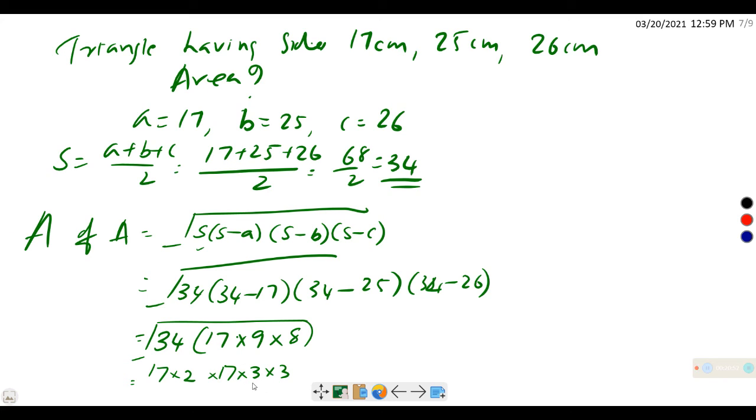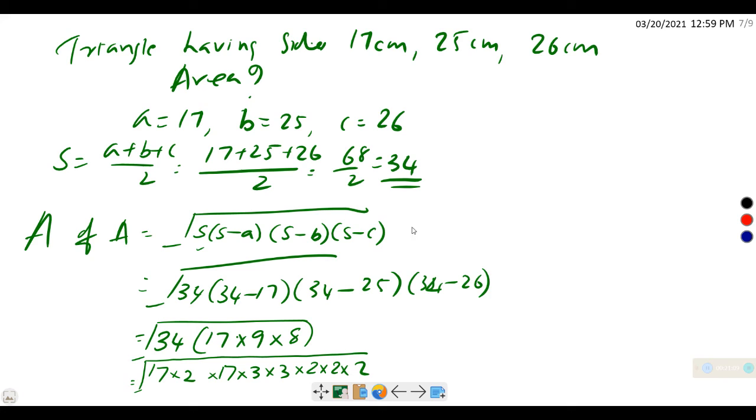So we are having 2 sets of 17, 2 sets of 3. Then 8 can be written as 2 into 2 into 2. This way, if you split that, you may find it easy to solve. Very rarely you will get this kind of easy solution for this.